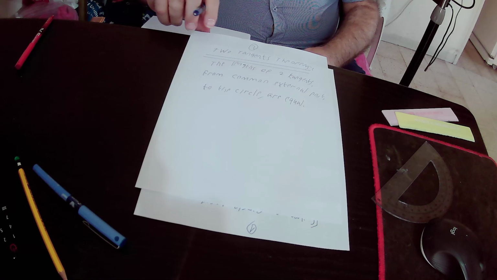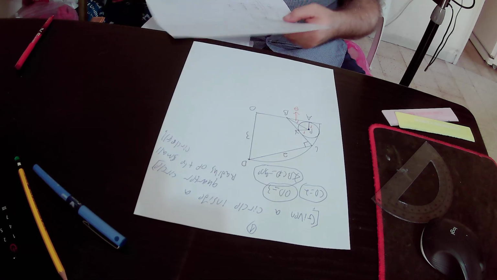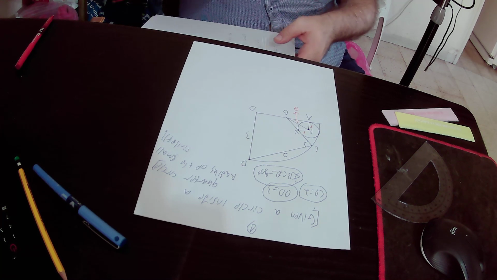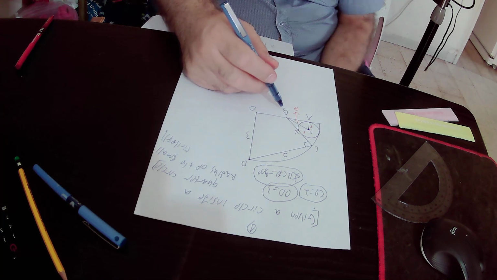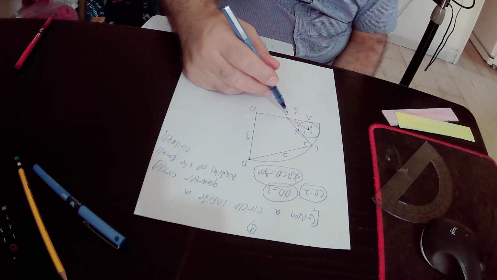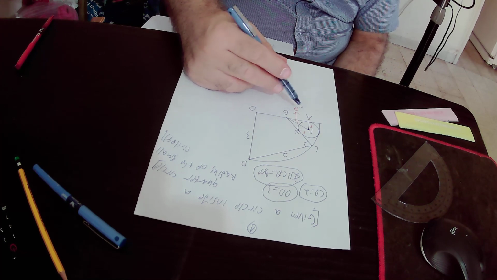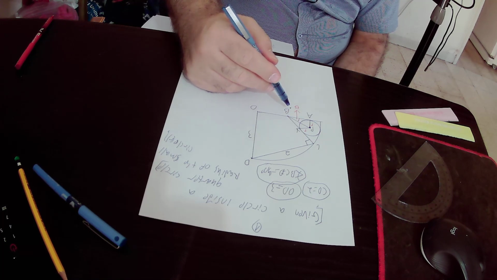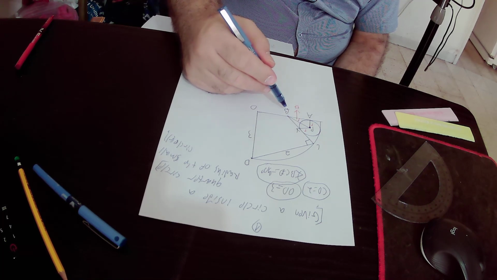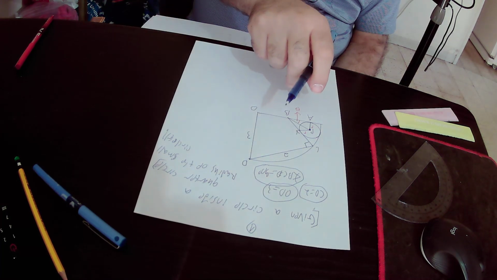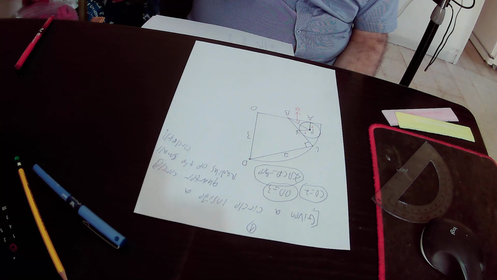So according to this theorem, if we have a common external point, that is point B, and from point B we draw two tangents to a circle, tangent AB and tangent BX, then the lengths of those two tangents are equal to each other.